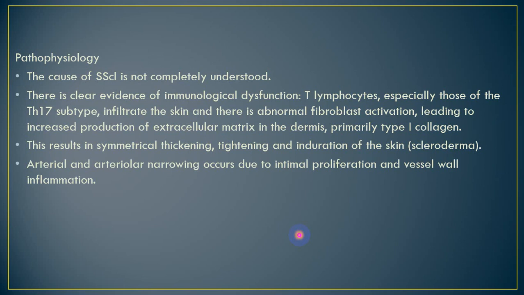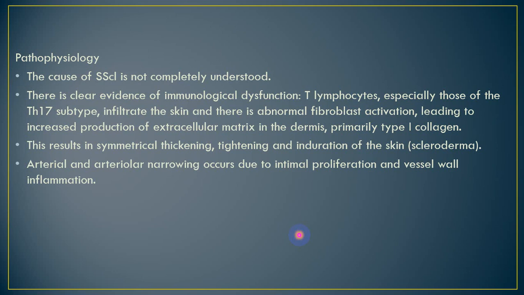This will result in symmetrical thickening, tightening, and induration, meaning fibrosis of the skin, or scleroderma. But not only the dermis and the skin will be involved, there is also involvement of the small vessels in the skin.